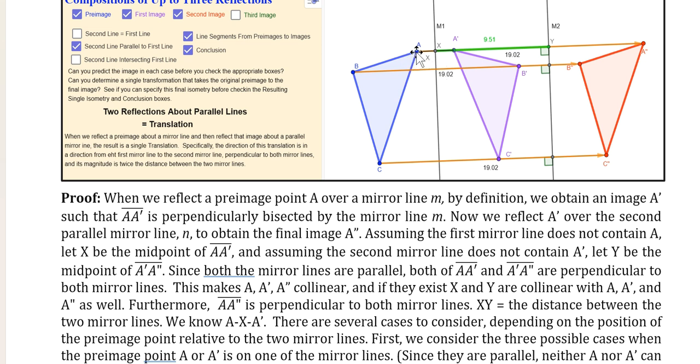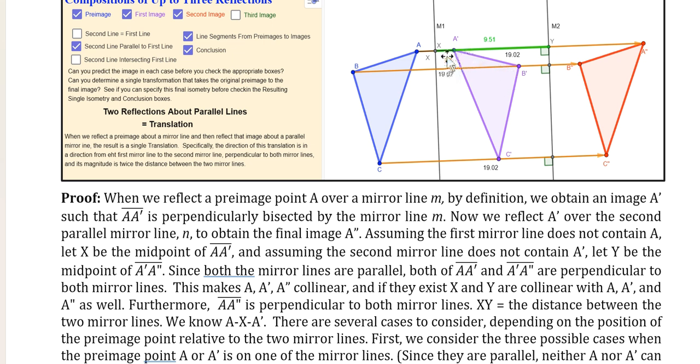So that means the distance from A to X is the same as from A prime to X. Now, assuming the first mirror line does not contain A, we reflect A prime over the second mirror line and find the final image A double prime. So let X be the midpoint here and Y be the midpoint of this one here.